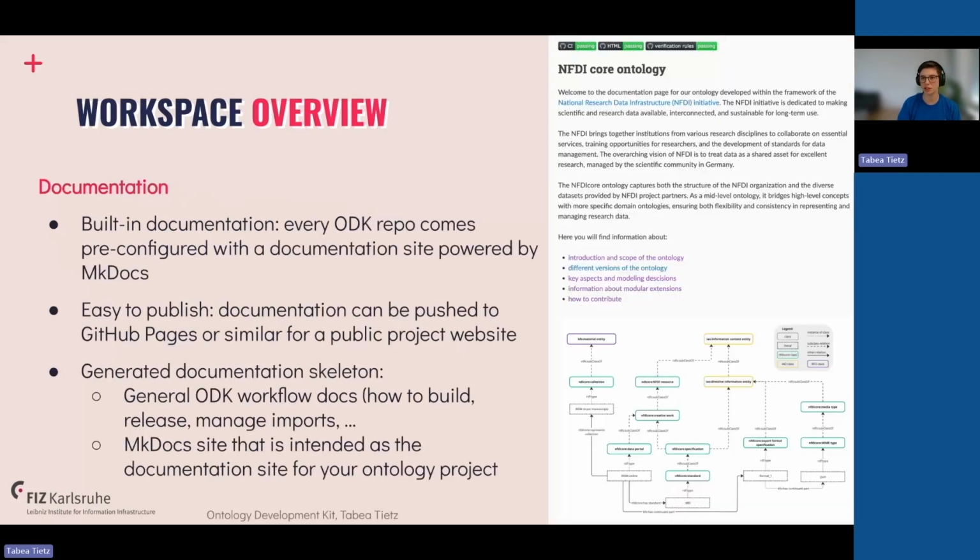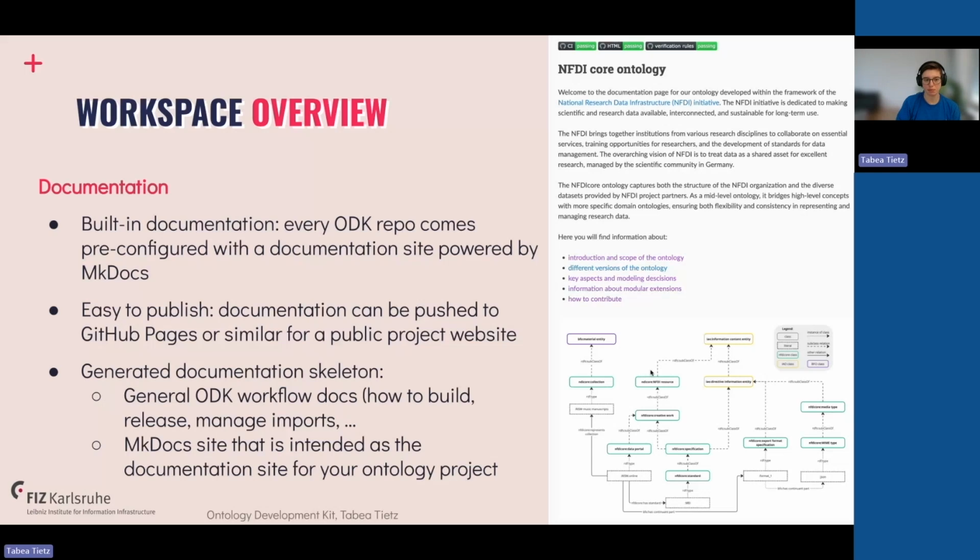Concerning the documentation, this is very nice with ODK. ODK provides a built-in documentation, and every repository comes with this pre-configured documentation powered by MkDocs. This is very neat. So you can simply use Markdown to extend this and add further descriptions, modeling patterns, and so on.